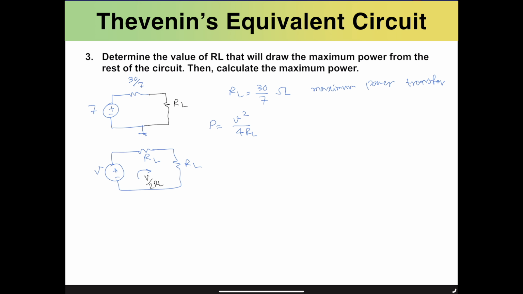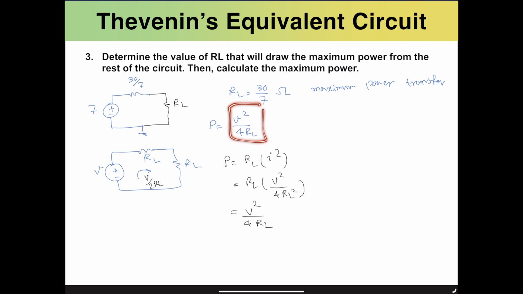So that's the current. Now the power is simply multiplying that current by itself, so the power is simply RL times I squared, and that would be V squared divided by 4 RL squared. And if you simplify that, that would be V squared divided by 4 RL.